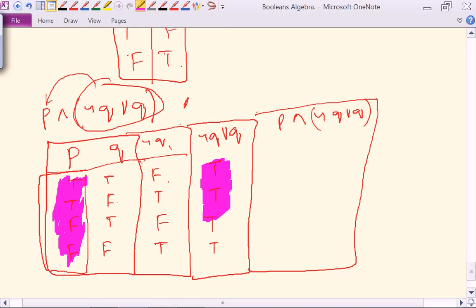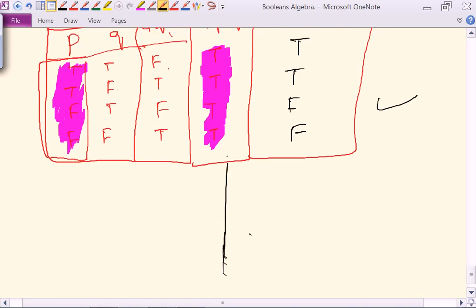Very simple, right? When you do the AND, the first is true true, so true; the second is also true true, so true; then we have two false. So true, true, false, false. Getting me? Okay.